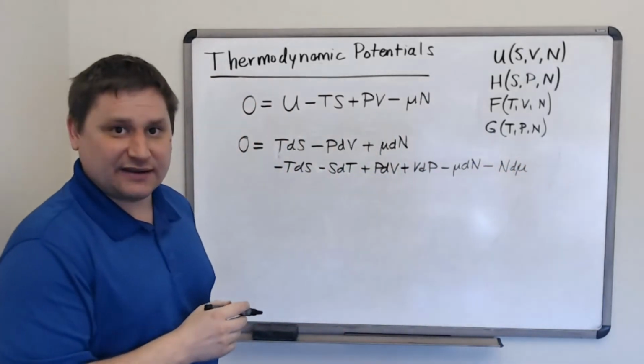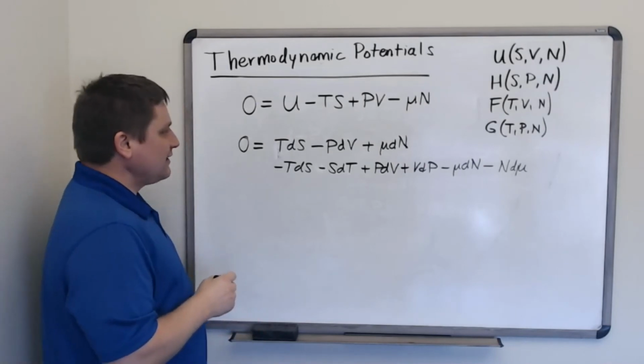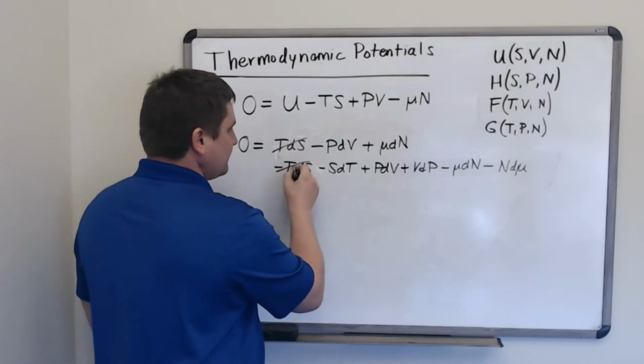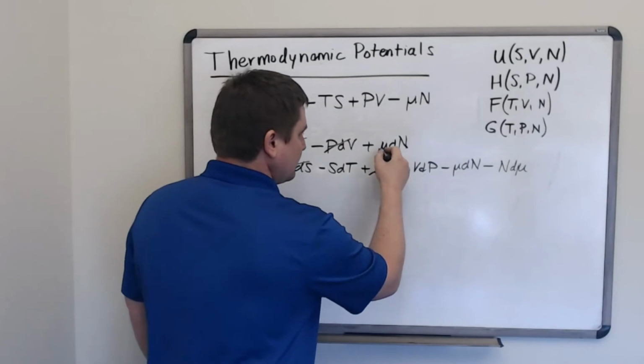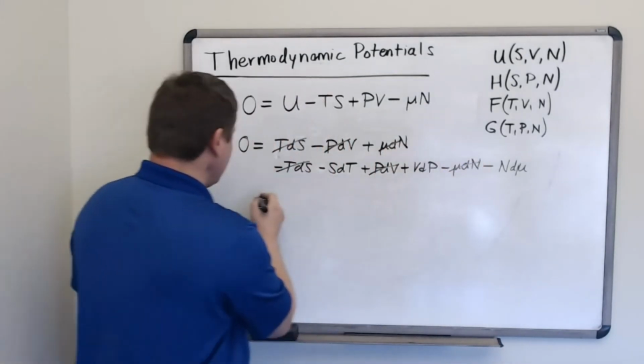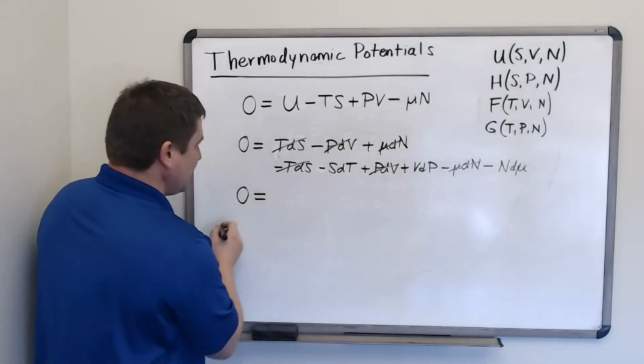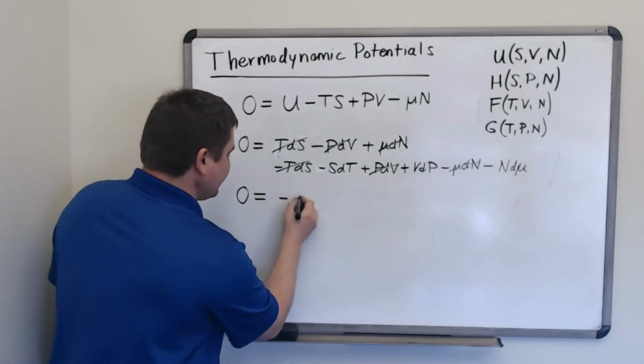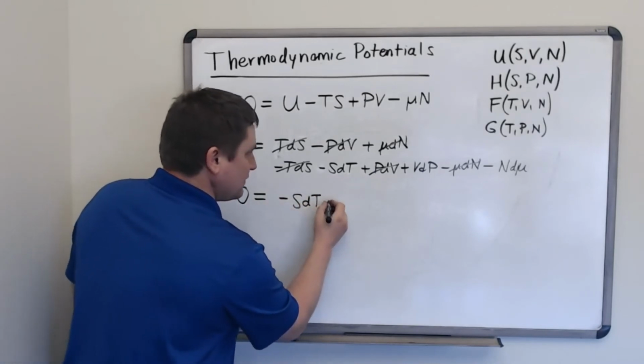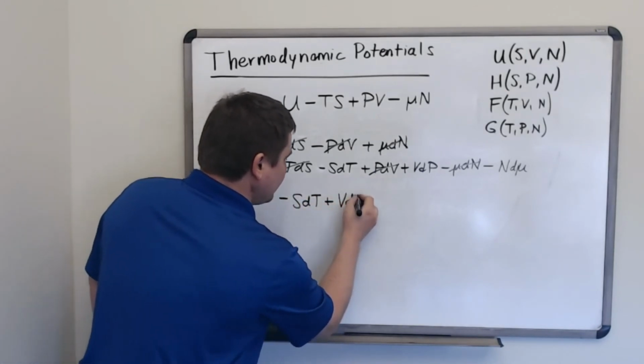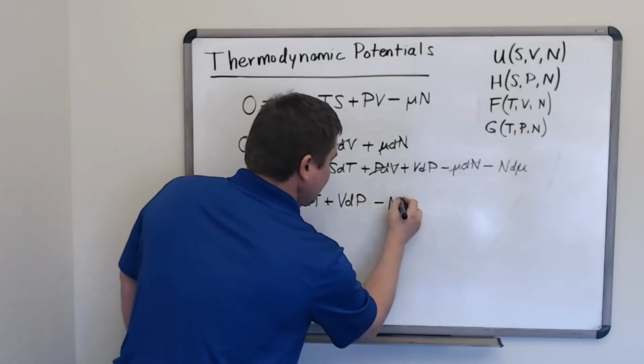So we're left with 9 terms. But again, 3 of them cancel. So we have 0 equal to minus SdT plus VdP minus n d mu.